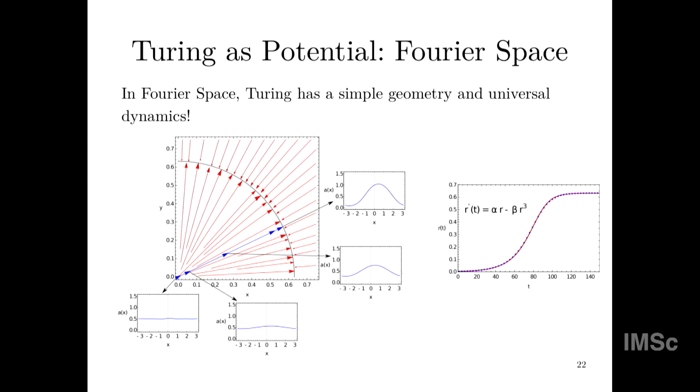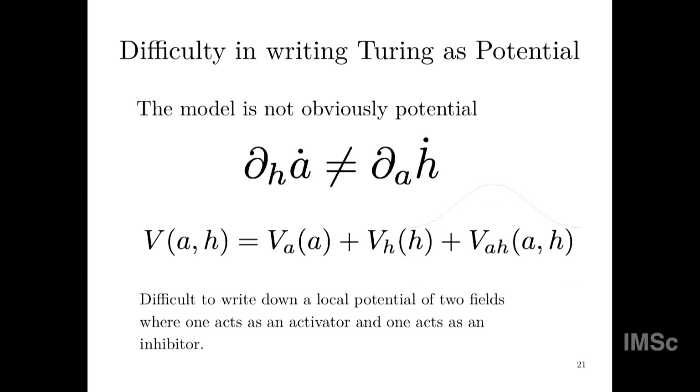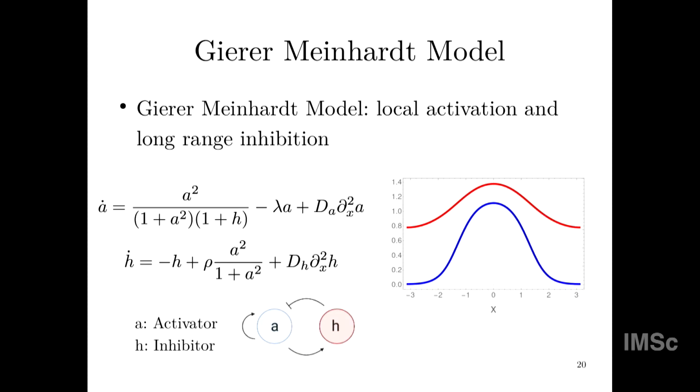So you can take your Turing system and project it onto Fourier space, and look at what the dynamics looks like as I project it onto my Fourier components. I can fit that dynamics very well to a simple equation like this, where I just have these two parameters alpha and beta, which are now universal. They don't at all depend on the kinds of equations that I start with.